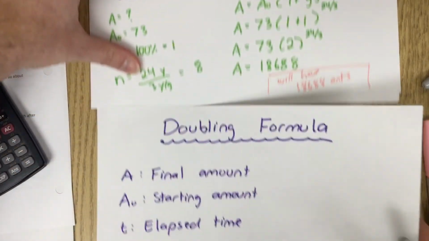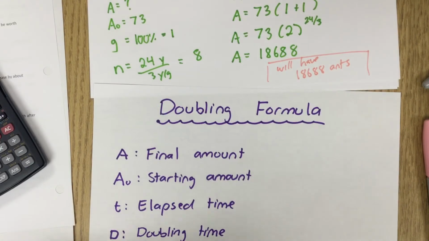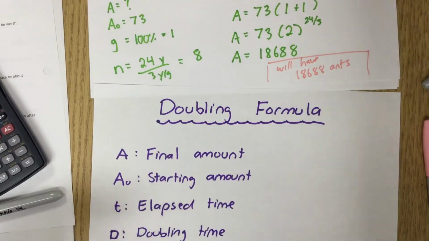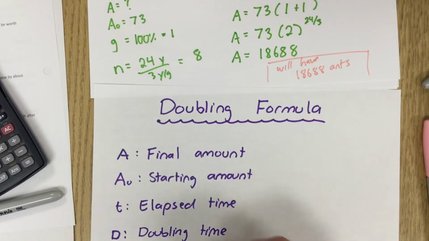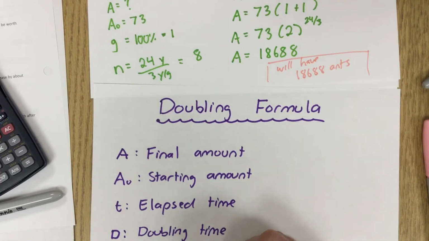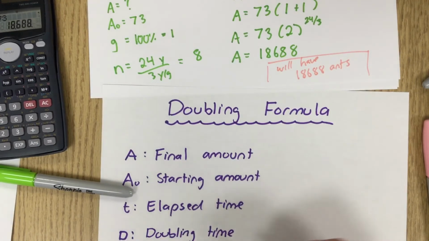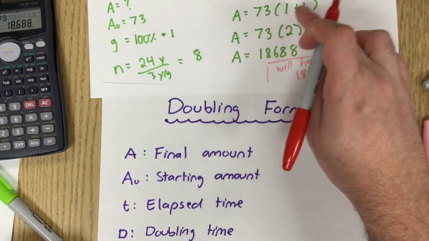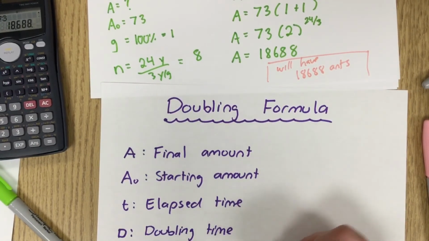And if we look at it, what we could see is that the formula would be, well, let's get a good pen for this one. That's a good formula. So A equals A naught times 2, since it's doubling, it's always going to be a 2.